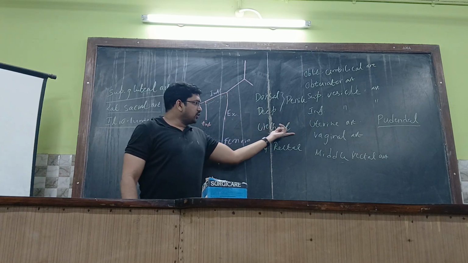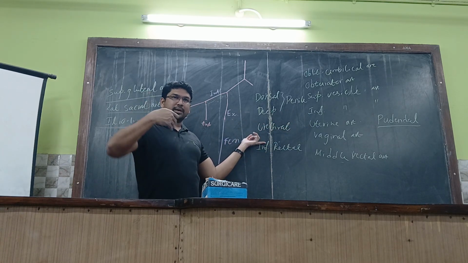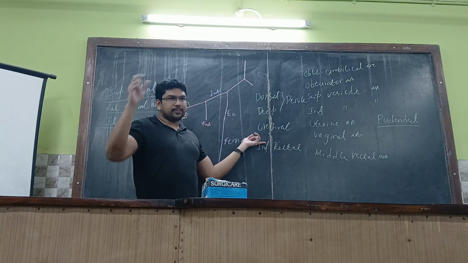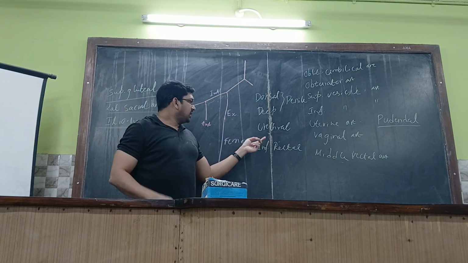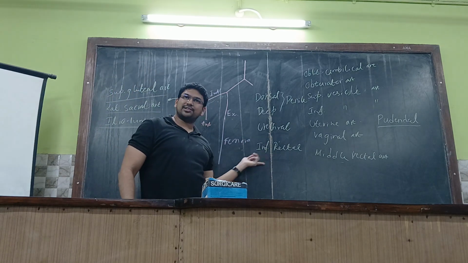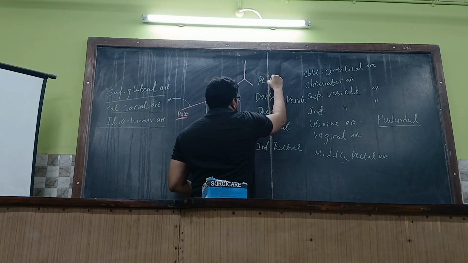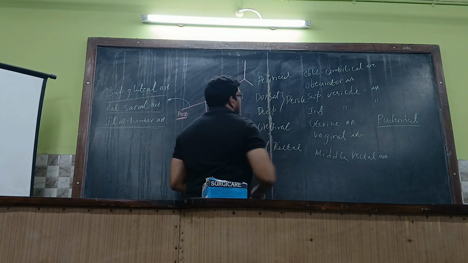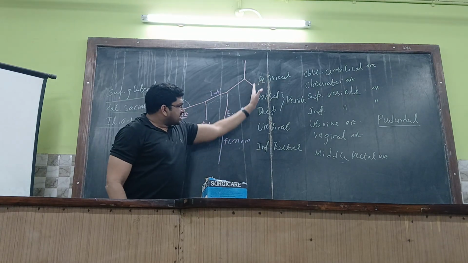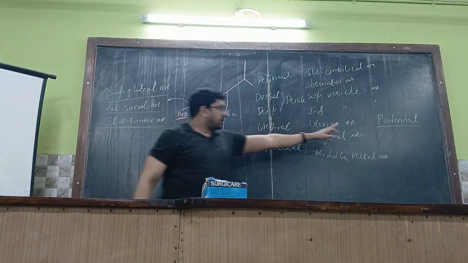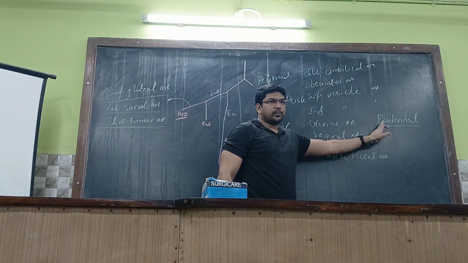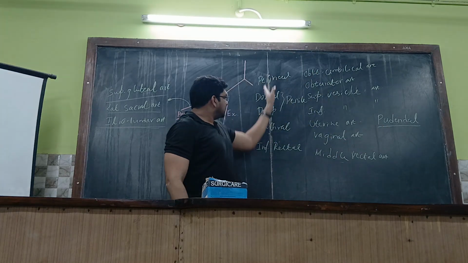Okay, and then followed by the urethra. The urethra will be coming through the genital region, is it or not? Through the penis only the urethra will come out, right? And then followed by the inferior rectal artery. Okay, could you understand? And one more branch is the perineal branch. Okay, these are the branches all coming from the pudendal branch. Getting it or not? The pudendal branch will be giving rise to all these branches over here.